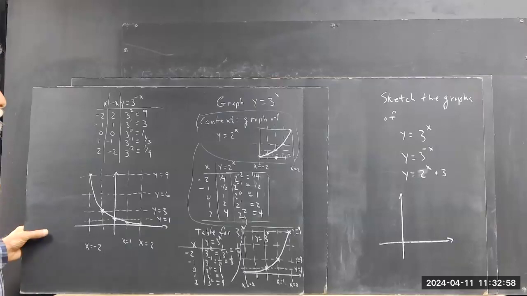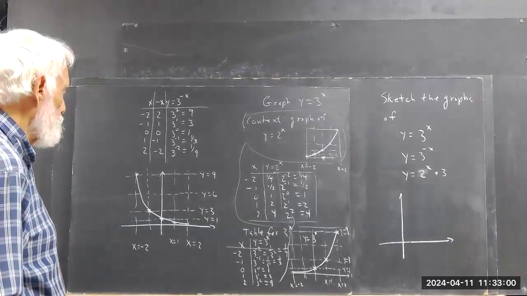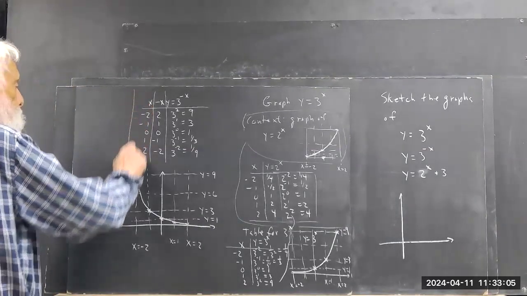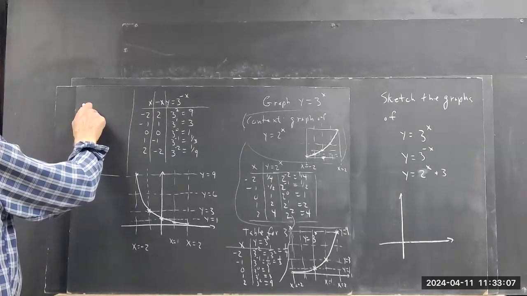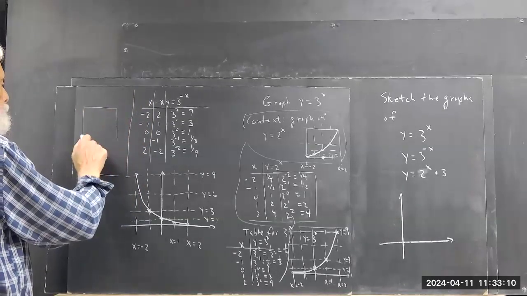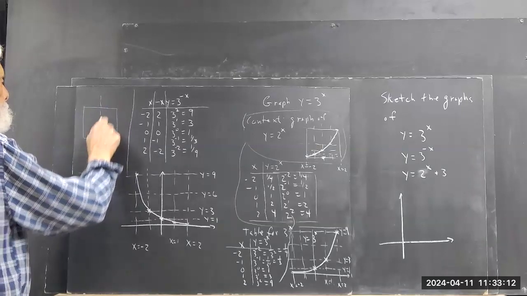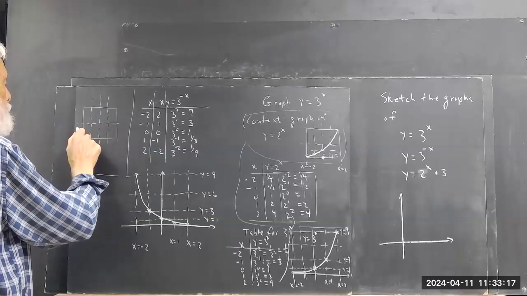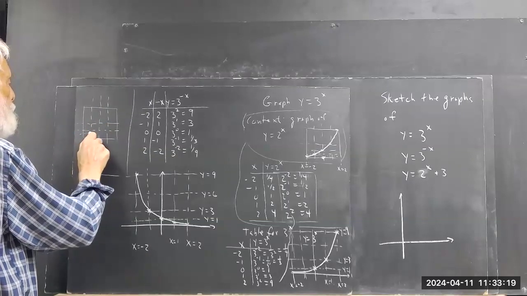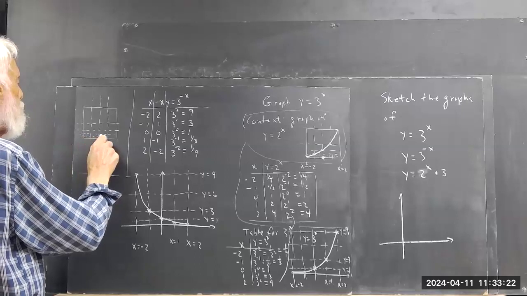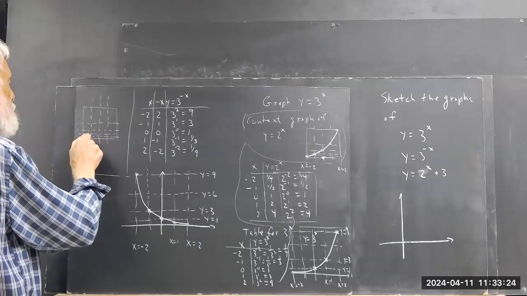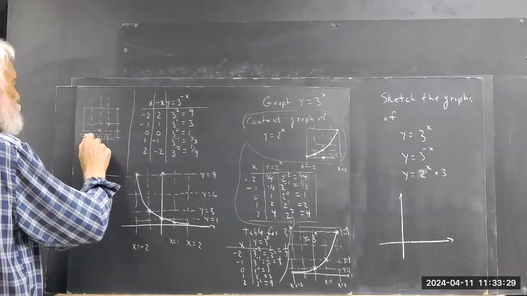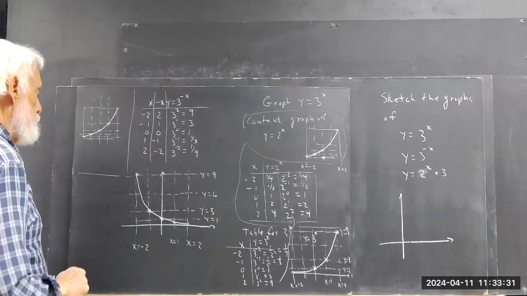Now, if we want to do y equals 2 to the x plus 3, we can make a table. But let's just do it up here, using our 4x4 rectangle. So again, I'm sketching the graph of y equals 2 to the x.